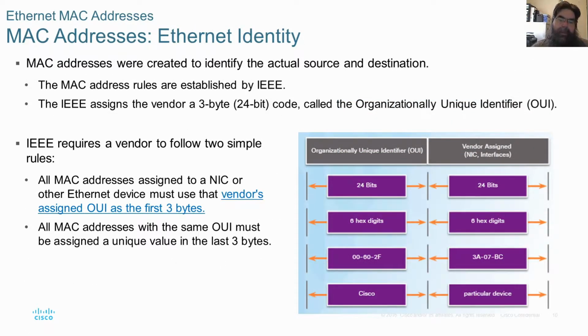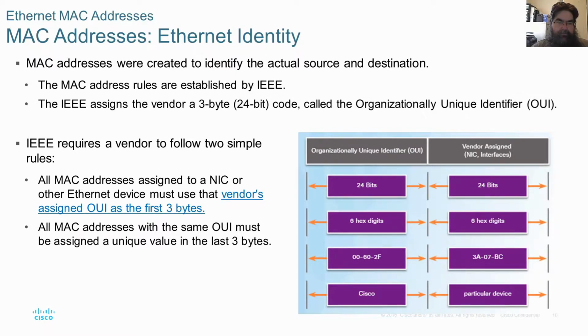So how's the address made up? It's made up of two parts. The first part identifies the vendor and is known as the organizational unique identifier, which is 24 bits. And then the second half is made up of an individual NIC interface identifier, which makes it a unique address for the MAC address.